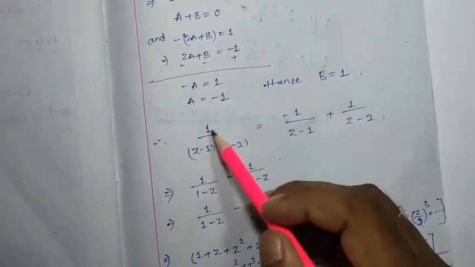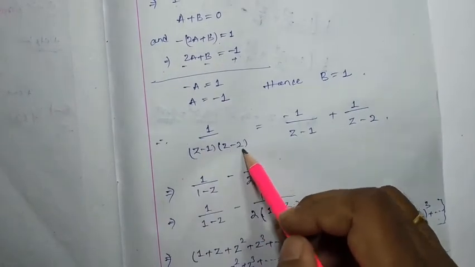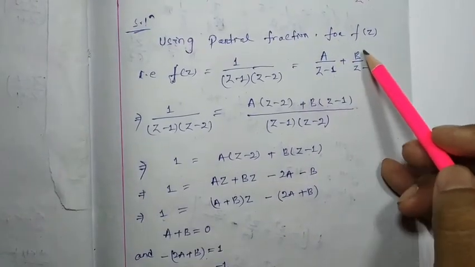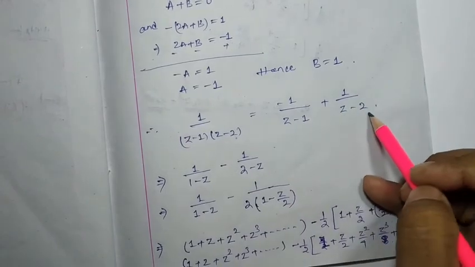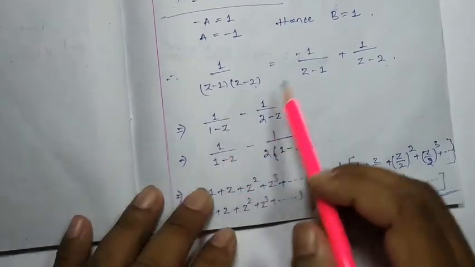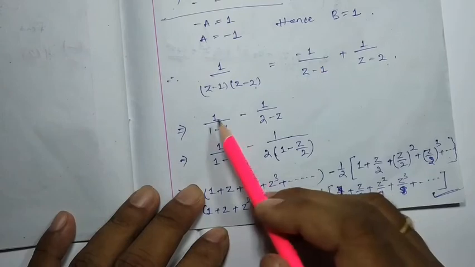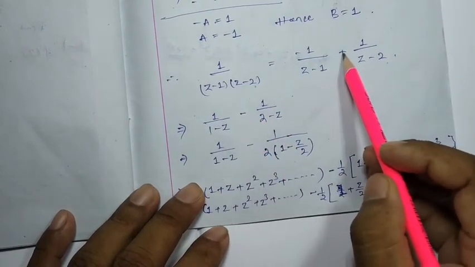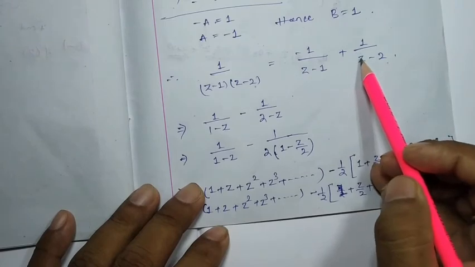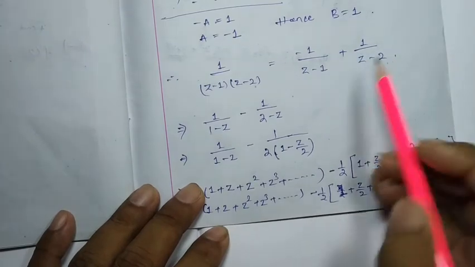So 1 by (z minus 1)(z minus 2) can be written as a by z minus 1 plus b by z minus 2, that is minus 1 by z minus 1 plus 1 by z minus 2. Minus 1 by z minus 1 can be written as 1 by 1 minus z, and if I take a common minus from the second term, it will be minus 1 by 2 minus z.